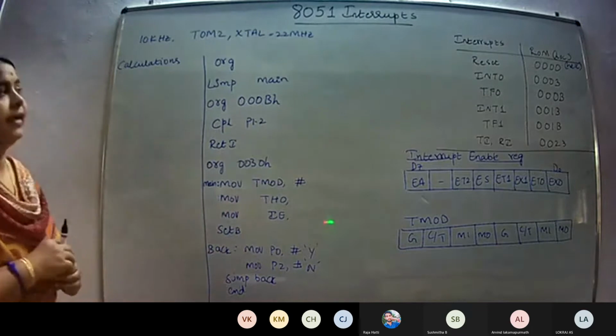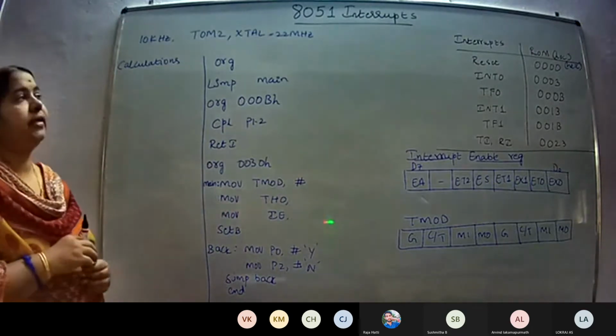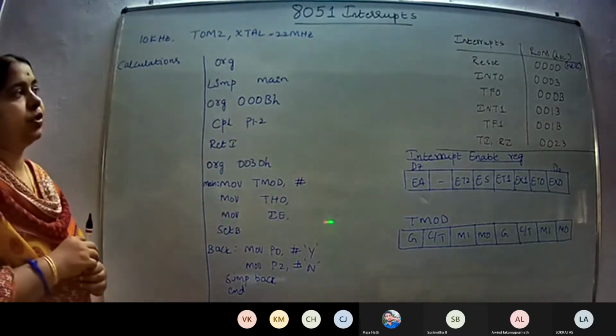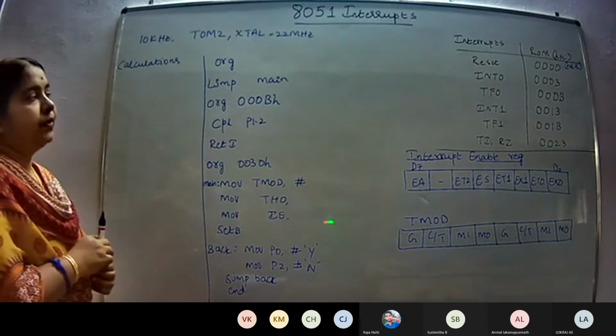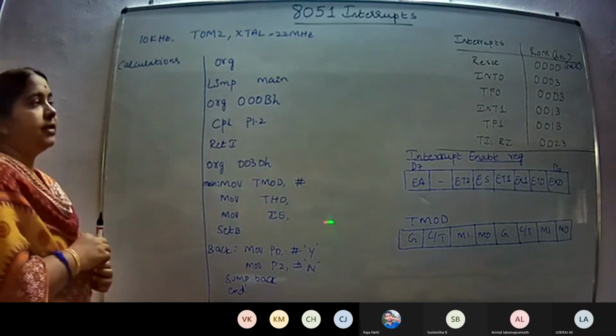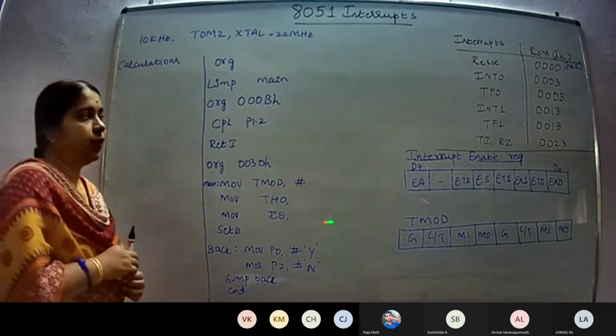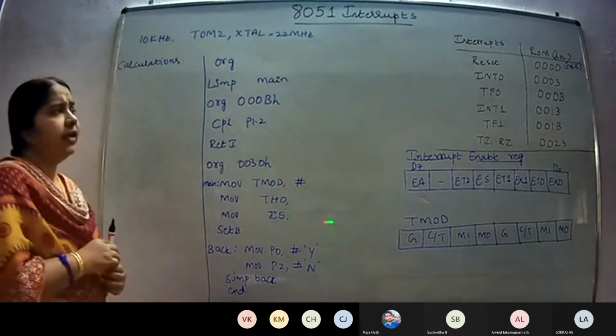Next is the external hardware interrupt INT0, and its ROM location is 0003H. Next is the timer 0 interrupt. Next is external hardware interrupt 1, INT1.